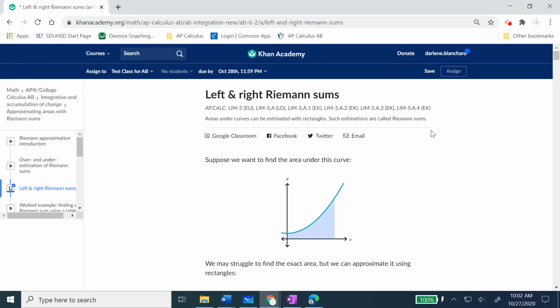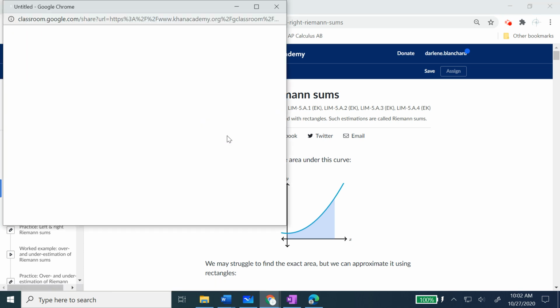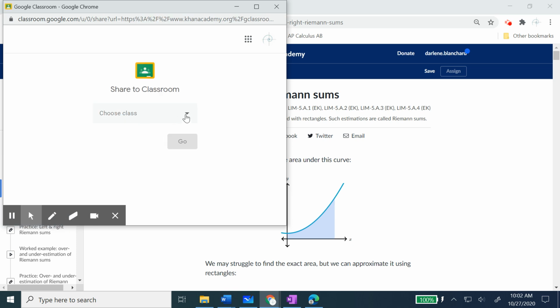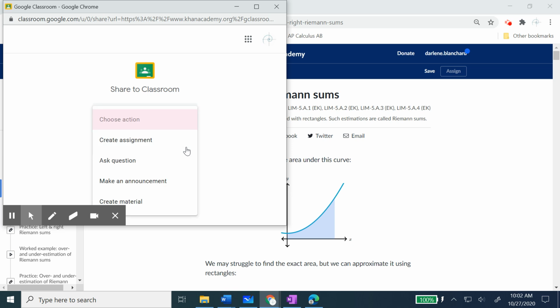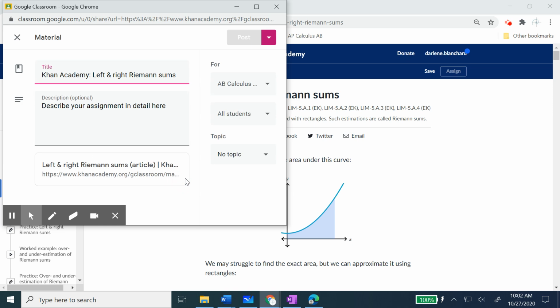I took little snips from this because it had much better pictures to work with than the textbook did. And I found that I can actually click Google Classroom, and then I can say, choose a class, period 2, choose action, create material, and then go.